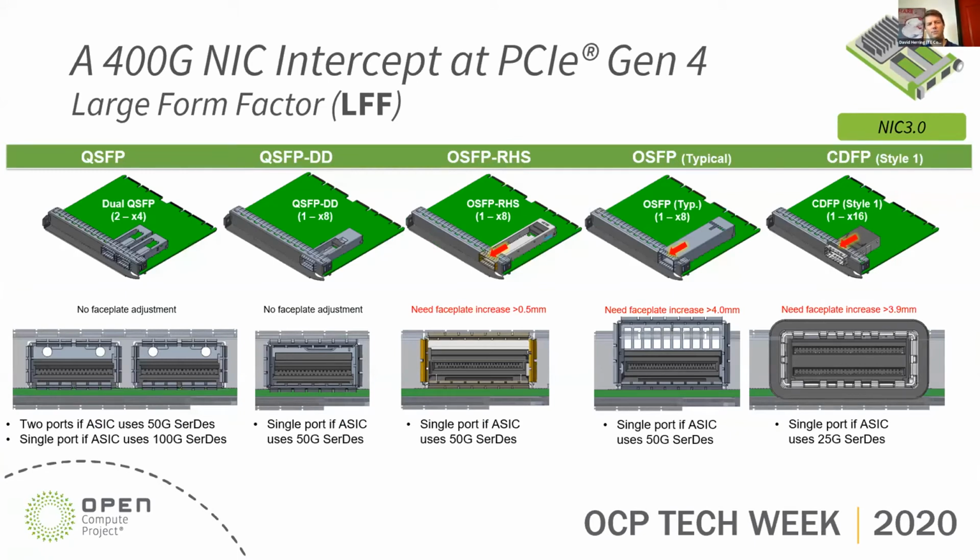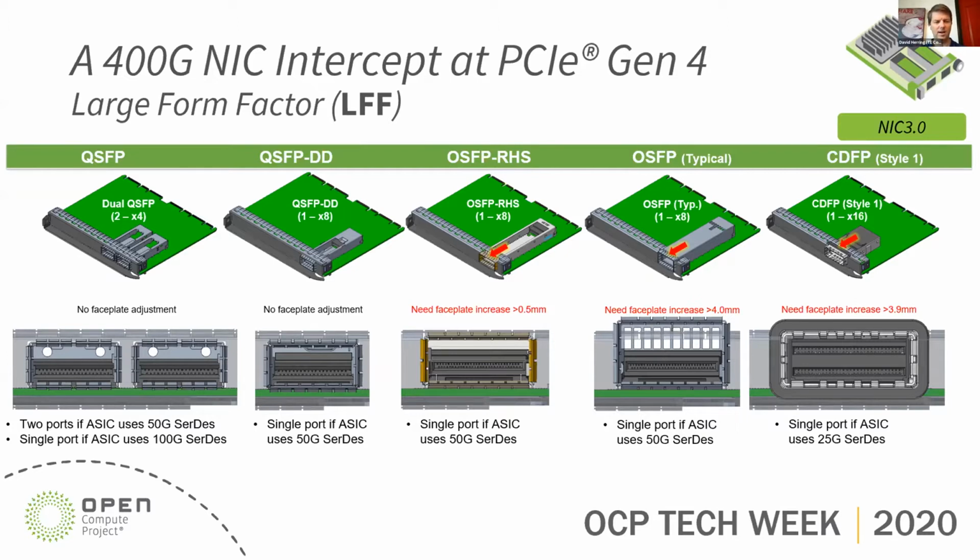Now that we have what those form factors look like, we wanted to lay them out on the OCP NIC form factors themselves, just to get a sense for what type of potential changes might be needed in order to enable these types of form factors. From the left, the QSFP form factor and the QSFP double density form factor lay out nicely on the OCP NIC cards.